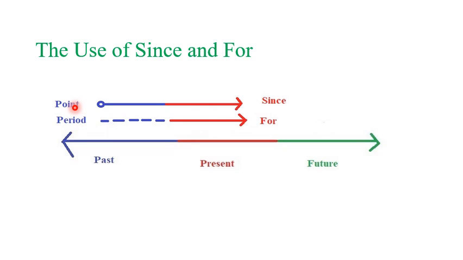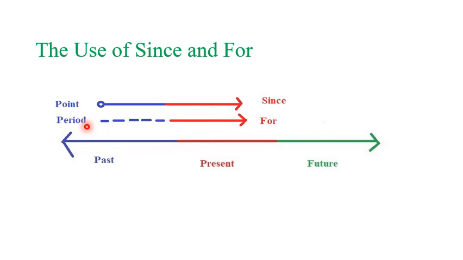What is the point of time? If you know exactly when the action of the verb started in the past and it continues in the present, you will use since.